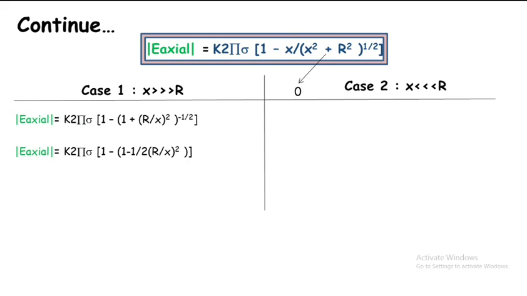Now we can write the binomial expansion of this as 1 minus nx. Here n is 1 by 2, and r by x square. The terms with greater power get cancelled out as x is greater than r. So the terms with x to the power 4 and so on are tending to 0, approximately equal to 0.